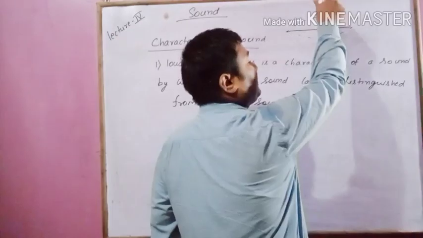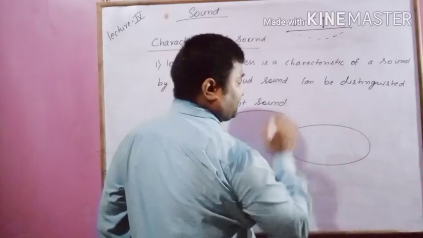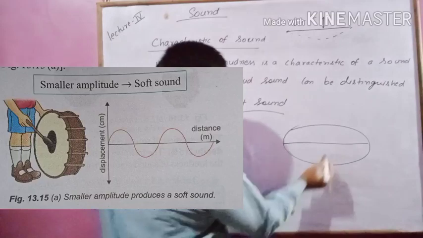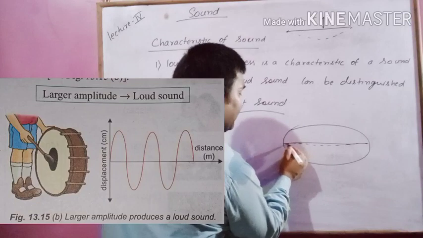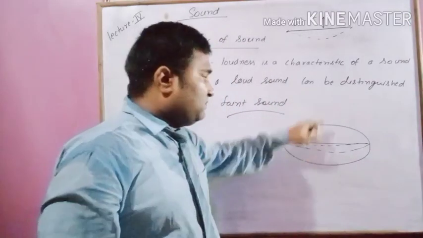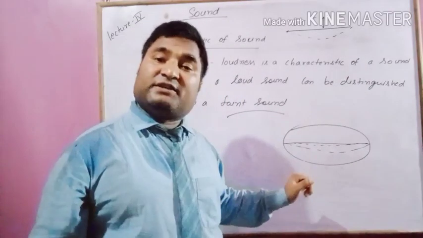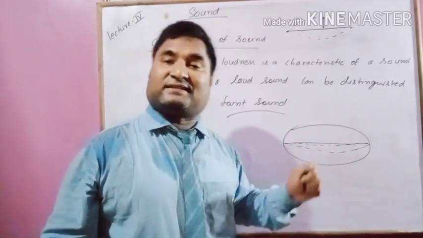If you hit it slowly, it will move till here, and if you hit it hard, it will move till here. So if you hit it hard, the amplitude is more, and if you hit it slowly, it will vibrate slowly and the amplitude will be less.